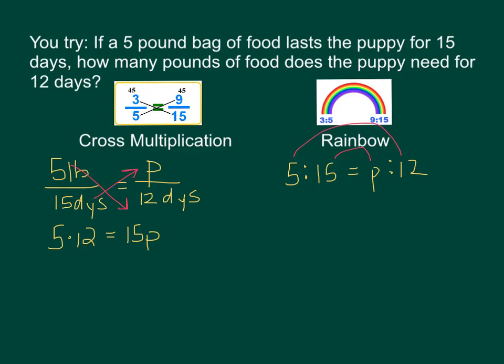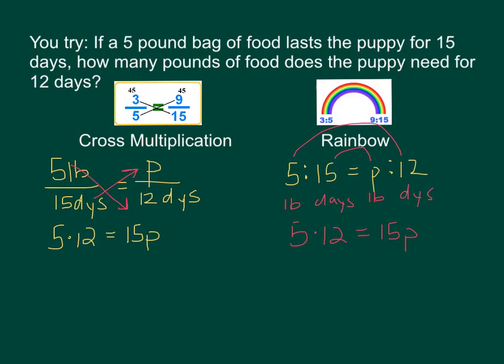On the rainbow method, we set it up as 5 to 15 is going to equal p pounds in 12 days. So we will multiply that, and we will get 5 times 12 is going to equal 15 times p.